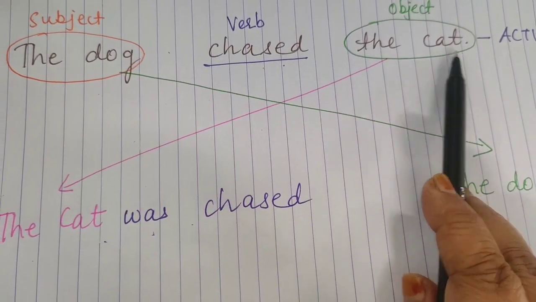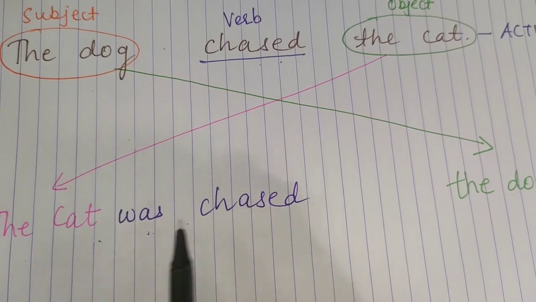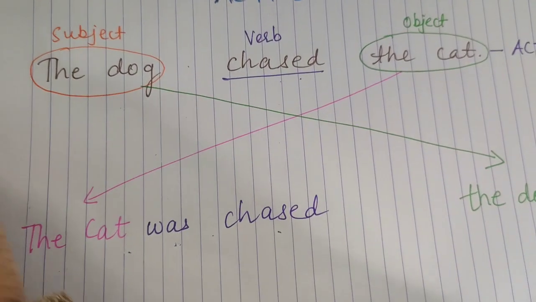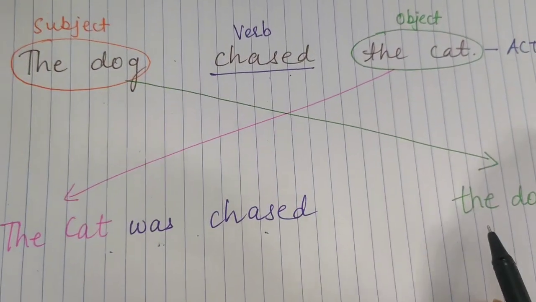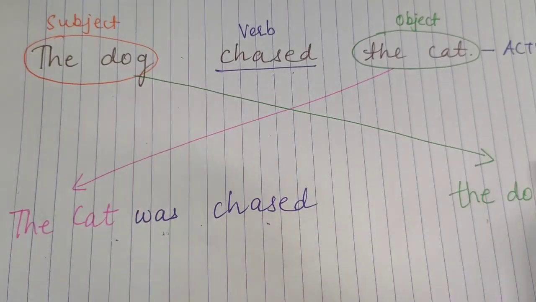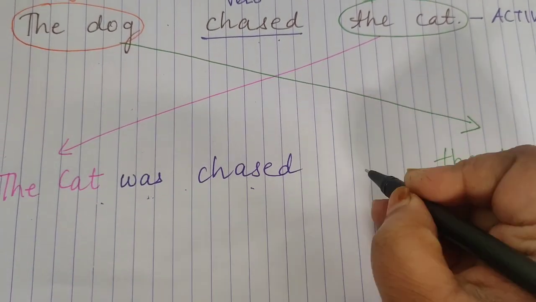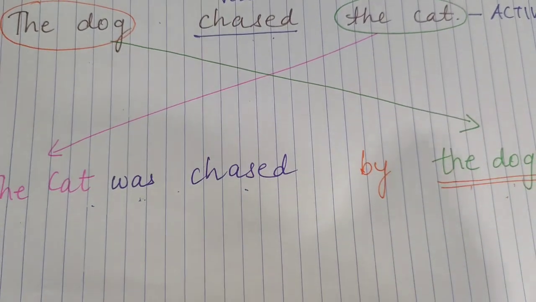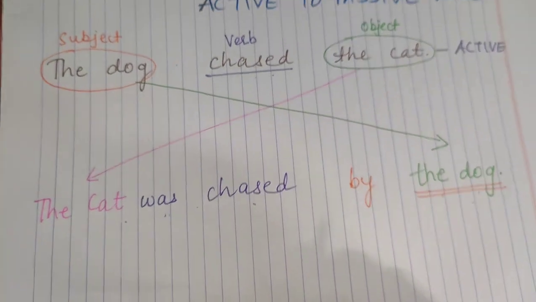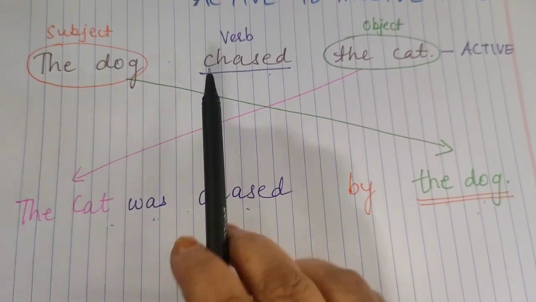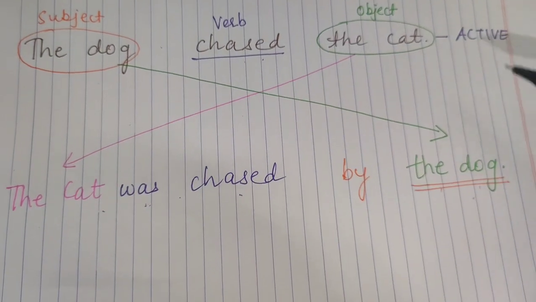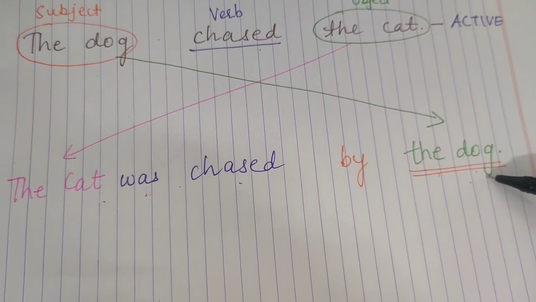That's it. Observe the verb. According to the tense, use a helping verb. Put the verb here and write before the subject. When we have dragged this here at the end, write before the subject, put the word by. And that is how easily you can convert your active voice into passive voice.